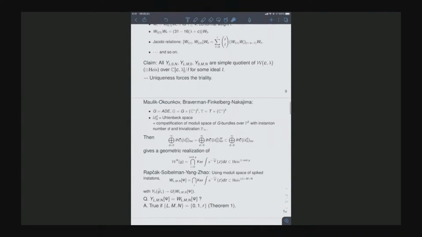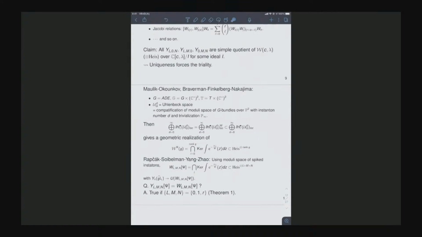And then they consider intersection cohomology and consider this result. And they prove that this gives a geometric realization of the screening kernel realization of the principal W algebra. So the first term is identified with the principal W algebra. The middle term is identified with the kernel of the screening operator. The last term is the tensor of Heisenberg-Fock spaces.